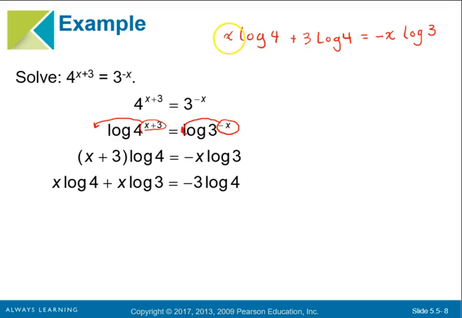We've brought that down, we've sorted that all out. Now, I'm going to take this x and this x, I want to factor those x's out. I want to isolate them. So I'm going to have x log base 10 of 4, plus, I'm going to add this to the other side, so I'm going to have x log base 10 of 3, and that's going to equal, I'm going to move this to the other side, so I'm going to have a negative 3 log base 4, which is where this comes in.